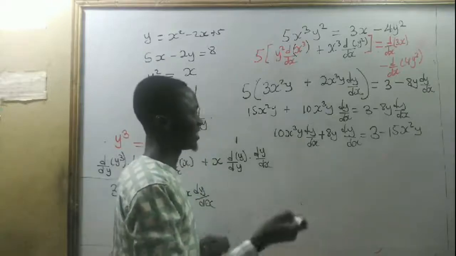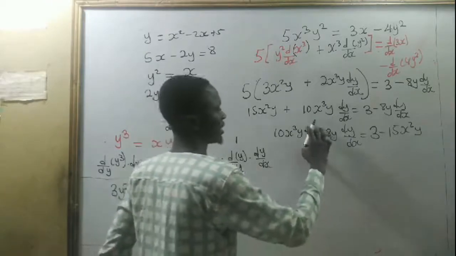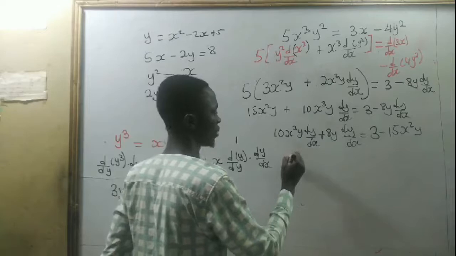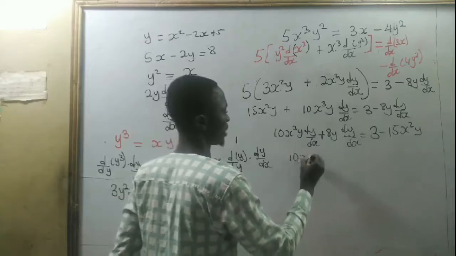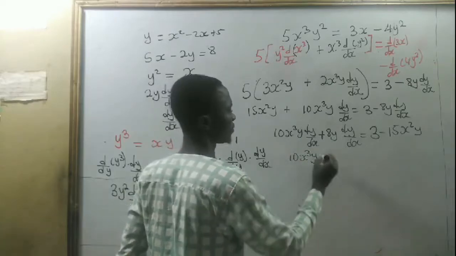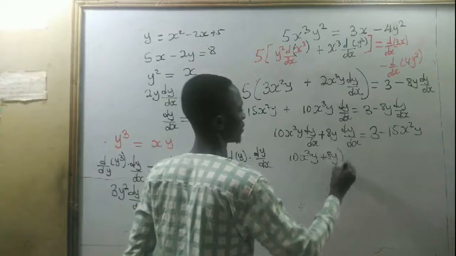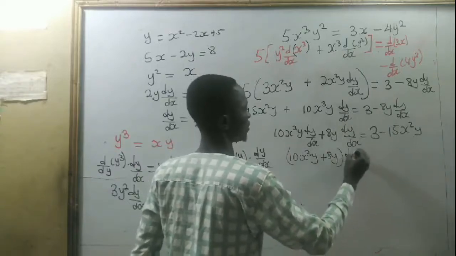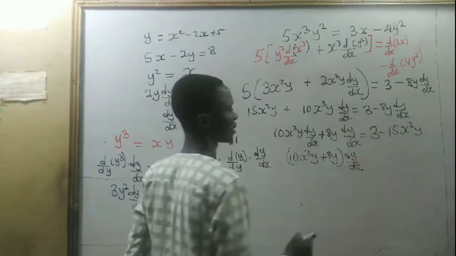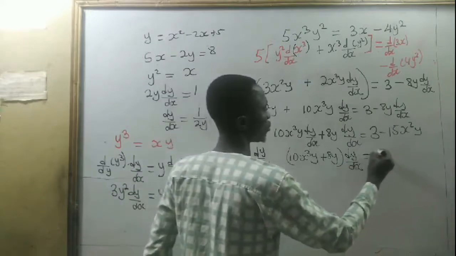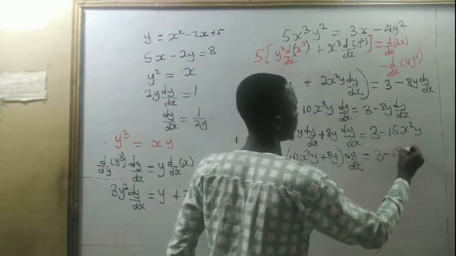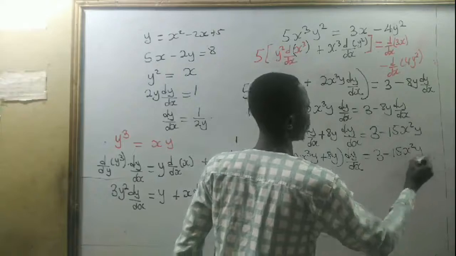I hope you are enjoying the lesson. Now, you factorize the dy/dx out. So you are getting (10x cubed y plus 8y) dy/dx to be equal to 3 minus 15x squared y.